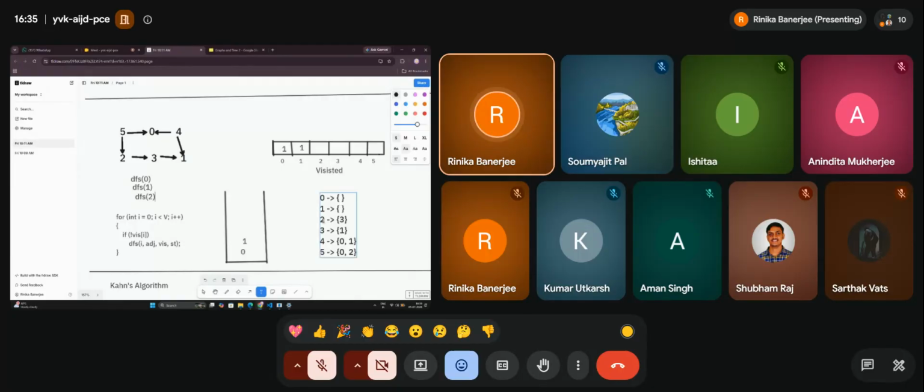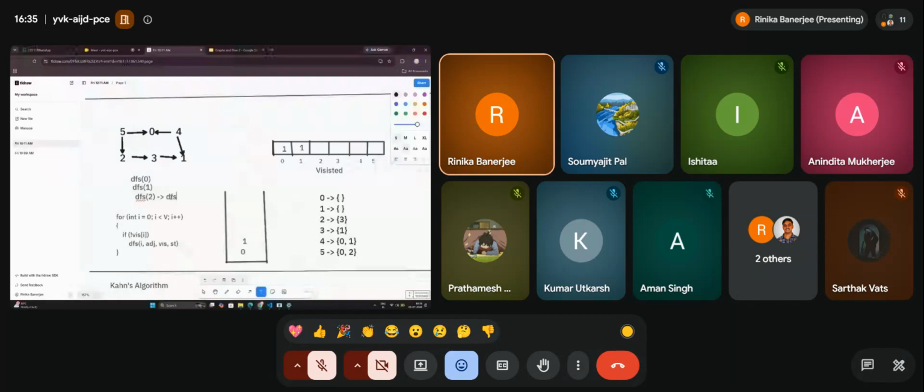Now, what is the adjacency list of 2? There is an edge from 2 to 3. Now 2 further will call DFS of 3. Now from 3, what do we have? We have 1. So first we'll mark 2 as visited.